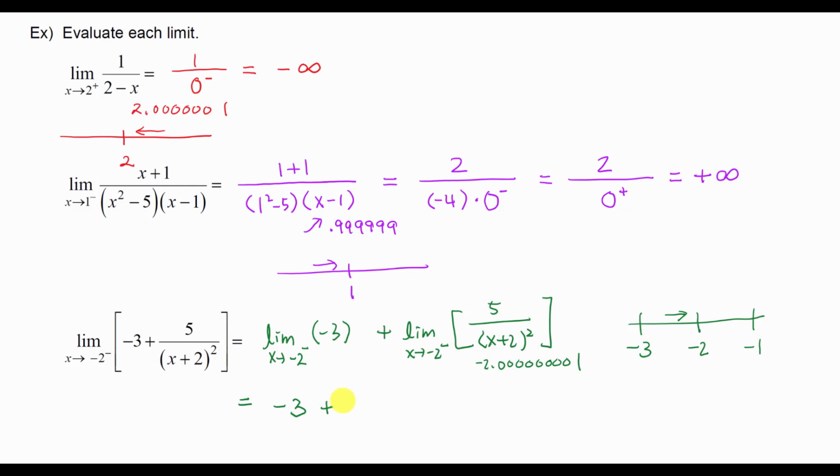So I'm going to have 5 over a number very close to 0 that is negative, but you are going to square that. So you have negative 3 plus 5 over a number very close to 0 that is positive, and this will go to negative 3 plus infinity. And when you have infinity, even if you add the negative 3, it's still going to go to infinity.